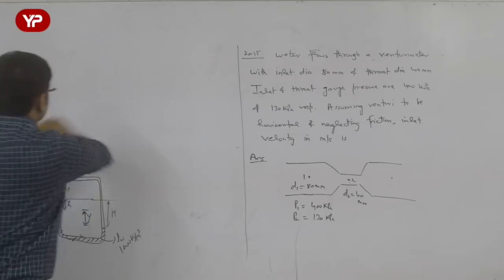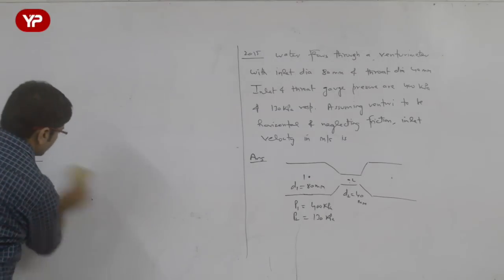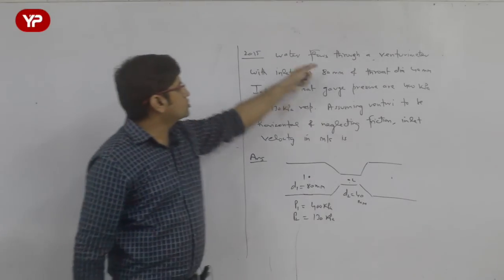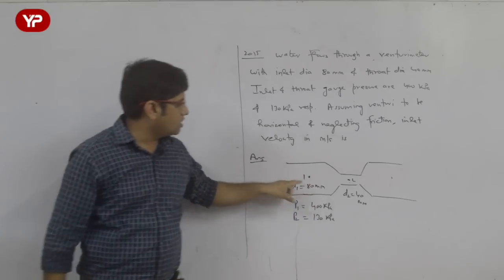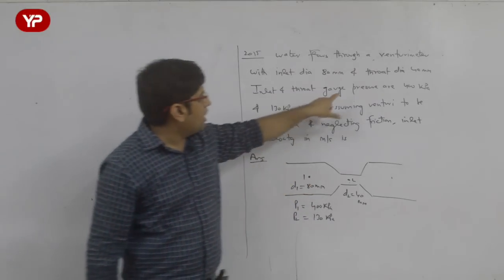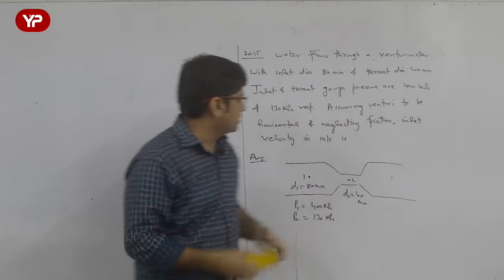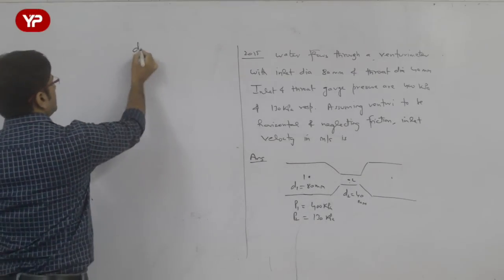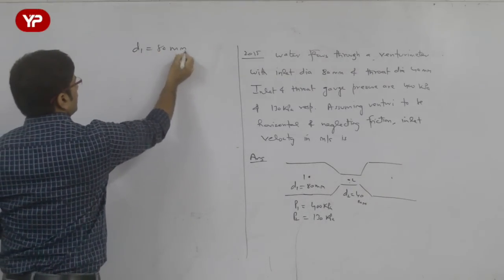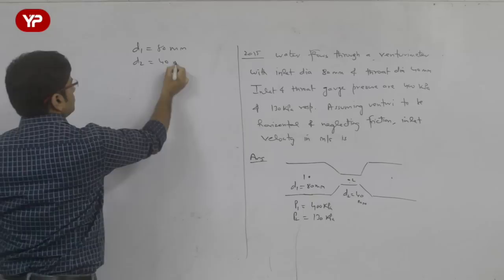Now next question is also a very simple question. This is a Venturimeter question. Water flows through a Venturimeter, the internal diameter of the pipe is 80 millimeter and diameter of the throat is 40 millimeter. So we know that D1 is 80 millimeter and D2 is given as 40 millimeter.